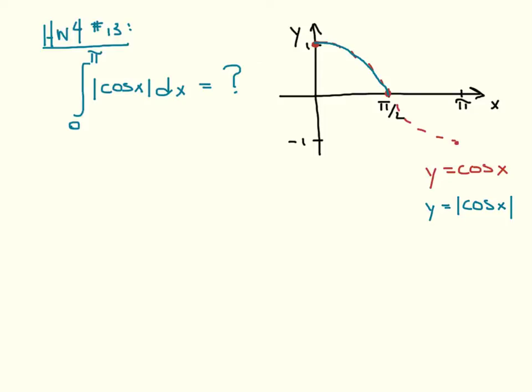But from pi over 2 to pi, we're going to get the mirror image over the x-axis, so we get something like that. Okay, so now you have a graph which is entirely on or above the x-axis, so it's all positive. And when we're evaluating the net signed area by taking the definite integral, we're getting all positive area.